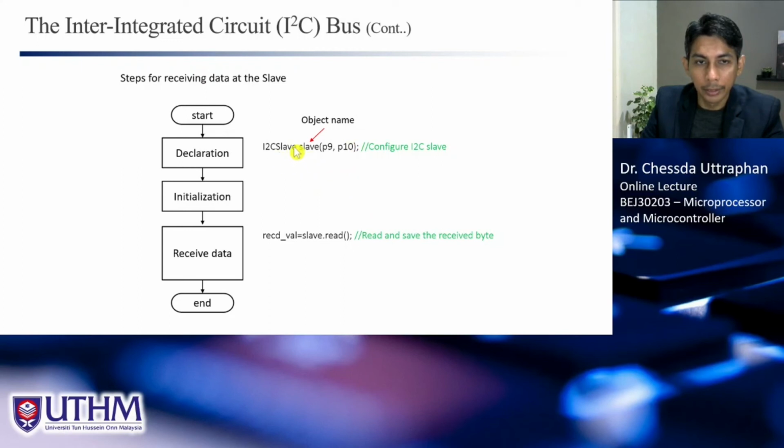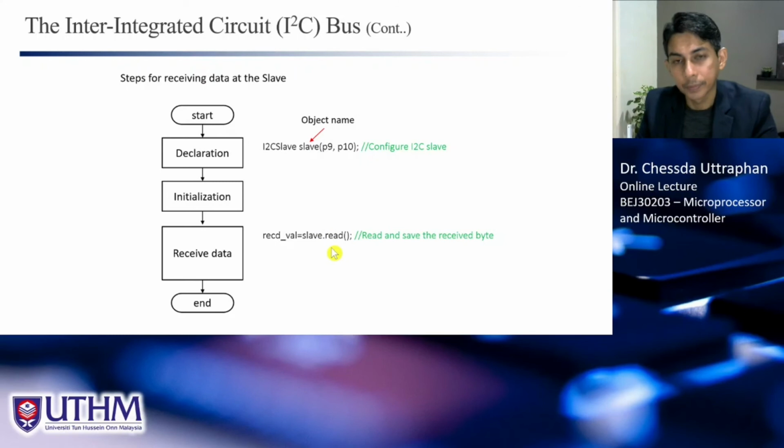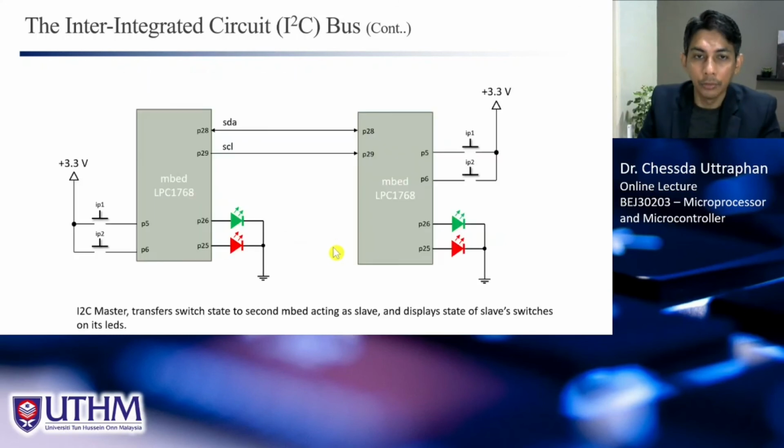So the API is I2C slave, and the object name can be any name. We name it slave, and to read is very easy. We read to the variable. So this is a variable, which can be any name also. So to read is slave dot read, receive the data. So that is how we do.